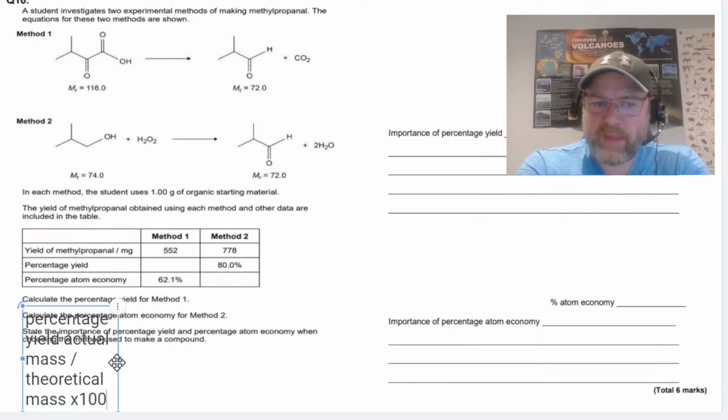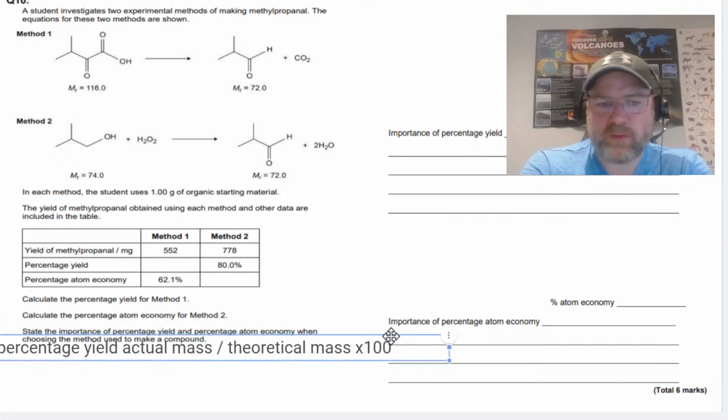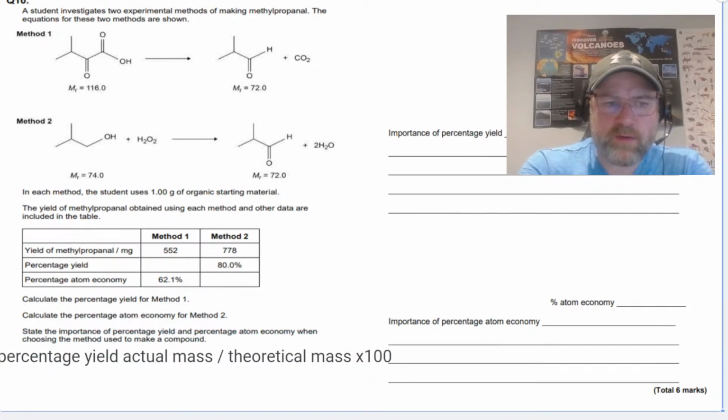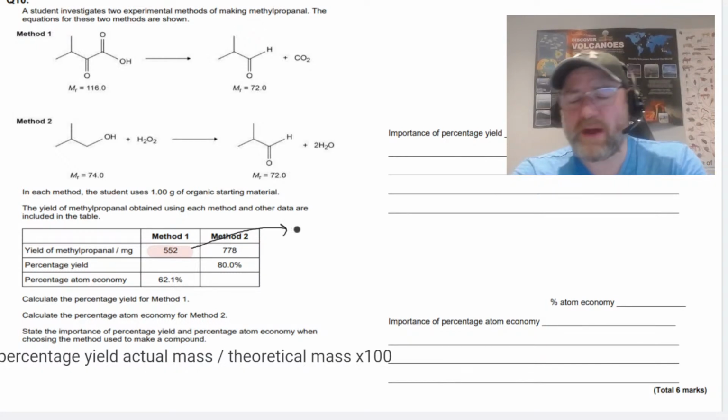So how do we work it out? We know what the actual mass is because we have it here. The actual mass is 552 mg. Do you know what that is in grams? What is 552 milligrams in grams?